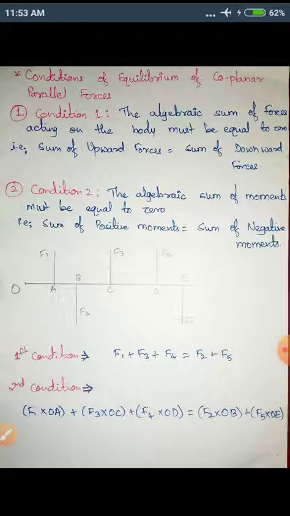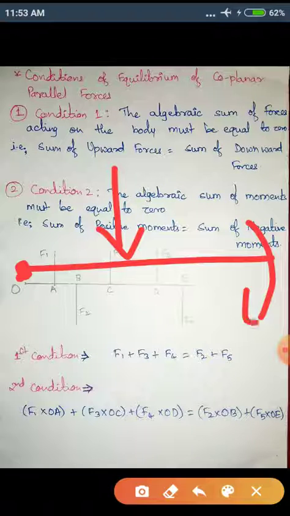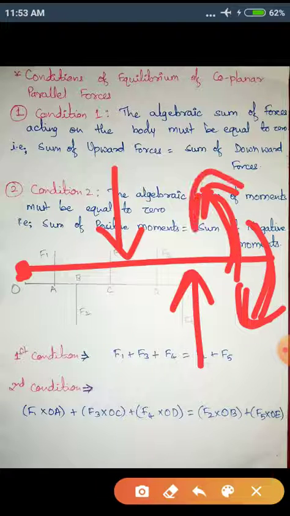Suppose this body, what I had given here, is fixed at this point. If the force is applied, this body starts rotating in this direction. If the force is applied here, this body starts to rotate in this direction. So if this body should not move, then what should happen? This turning effect and this turning effect, both the turning effects must be the same. Therefore, both the moments should be the same.